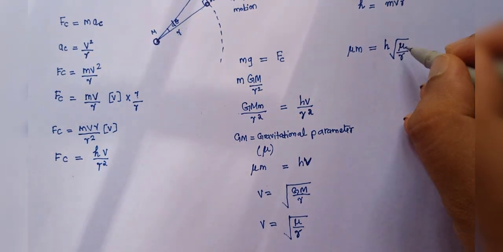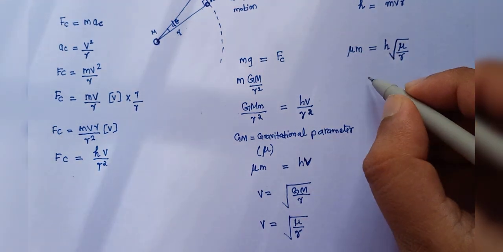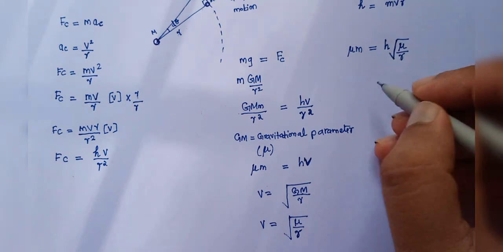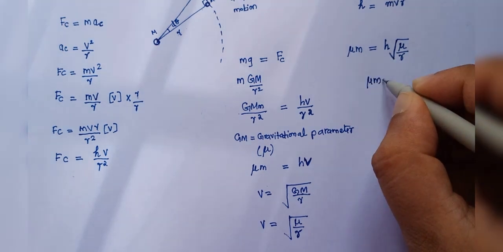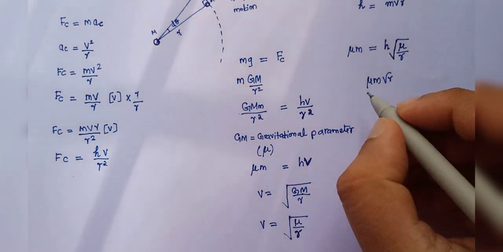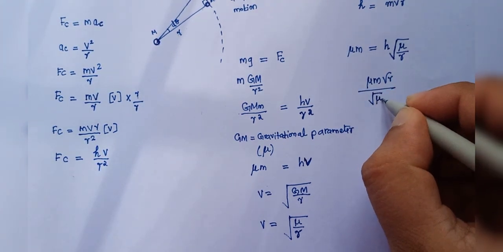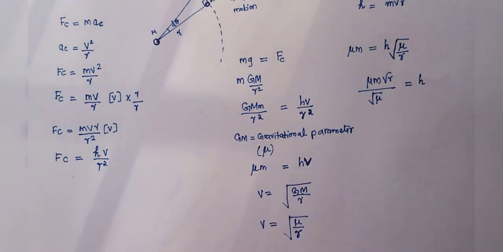Now if I cross multiply or do the simplification, you get something like mu m into root of r divided by root of mu. It's just simple math we have done here, nothing else. We have not gone for any complicated stuff.